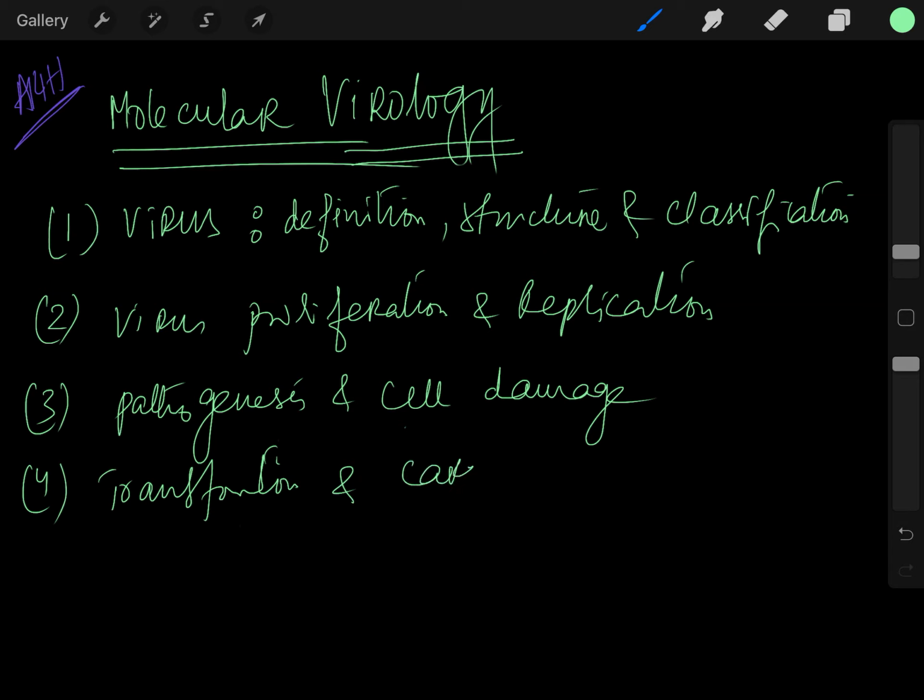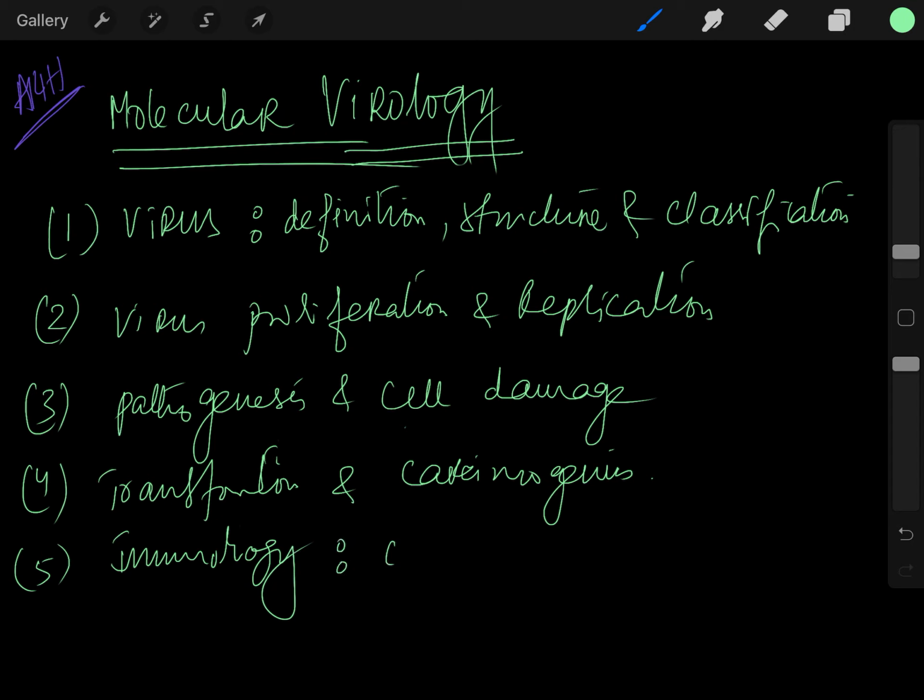The next topic could be transformation and cancer-specific carcinogenesis. So how does it develop? Can it develop? It does develop oncogenic properties that make it live amongst us and become a chronic sort of disease, which we obviously do not want.